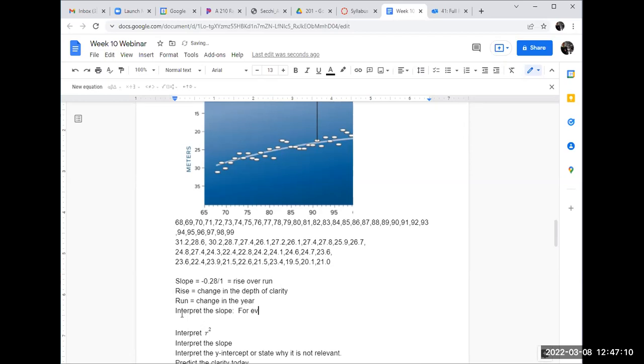For every 1 year that passes by, the depth of clarity has tended to go down by 0.28 meters. Is that okay? Do you think Clinton said, oh, no problem? Okay.